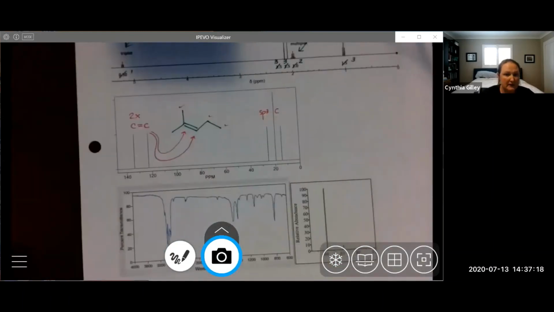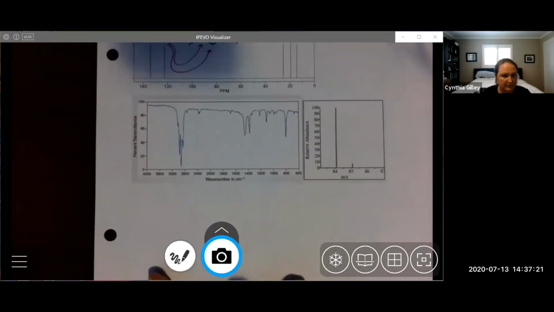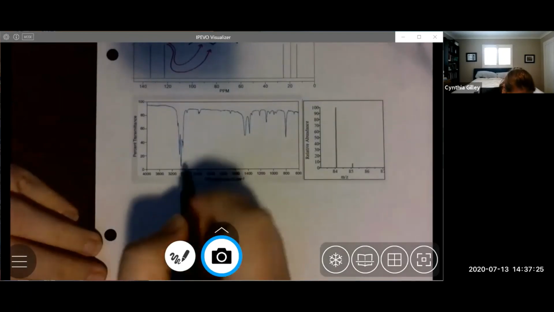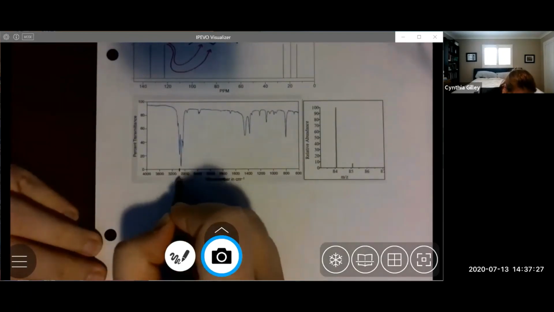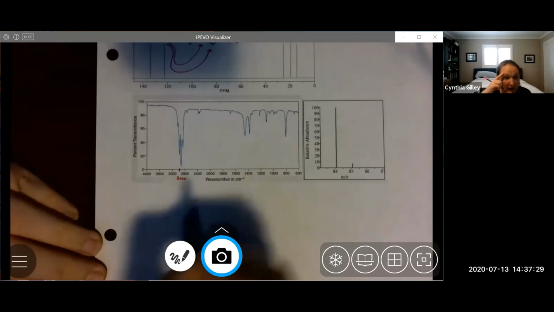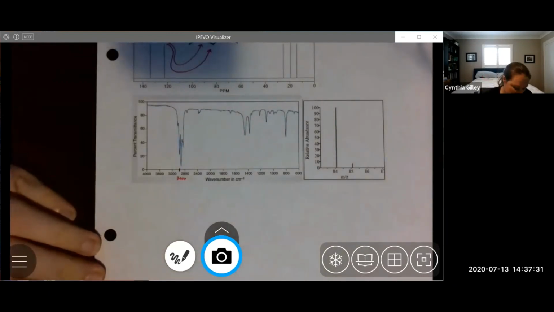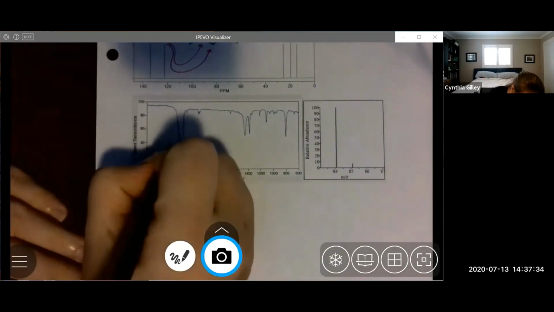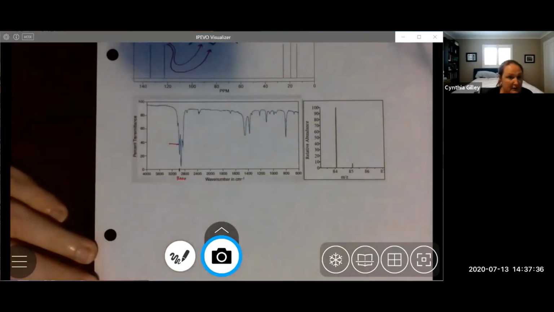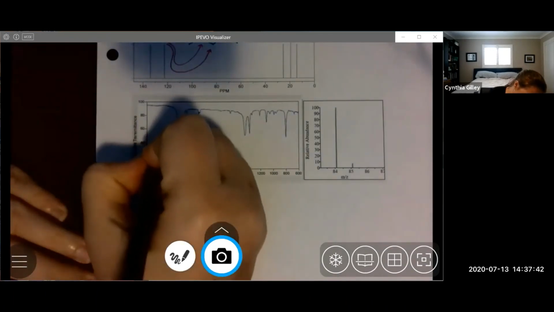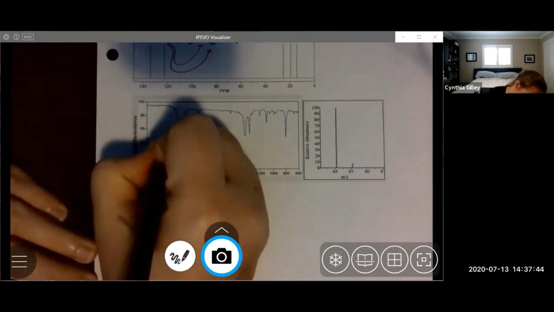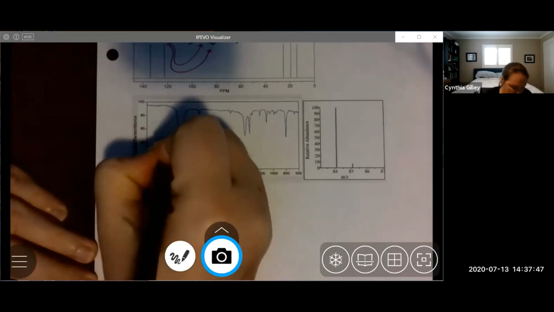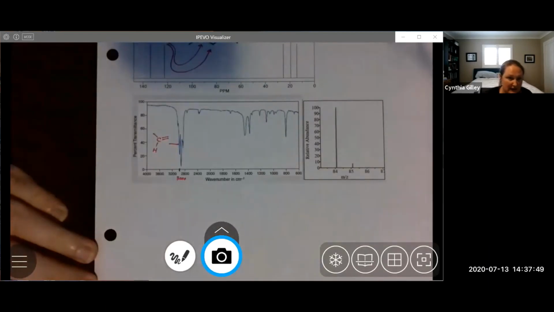In terms of the IR, this is a little bit hard to read. I would like to see a 3,000 wave number mark, but it's likely that this peak off to the left here is to the left of that 3,000 mark, and that's likely due to a hydrogen attached to an sp2 hybridized carbon, which would match the alkene.